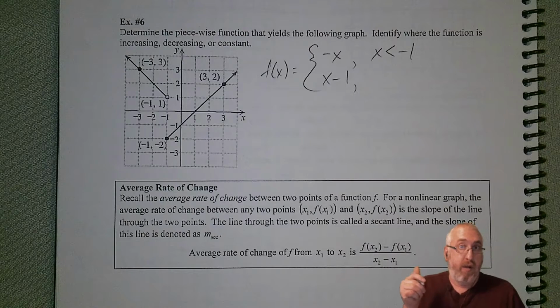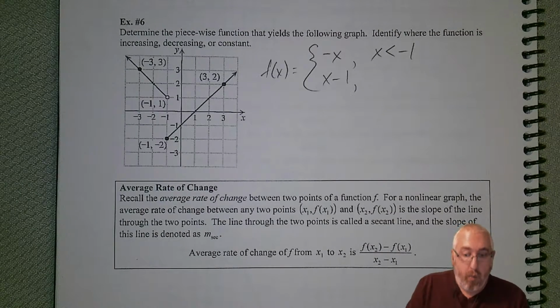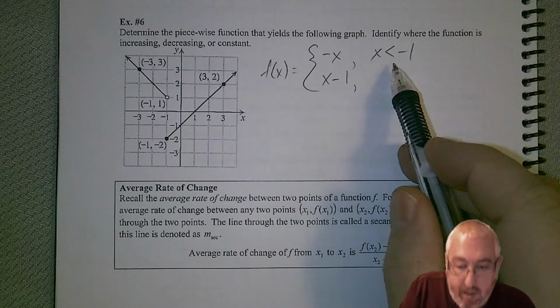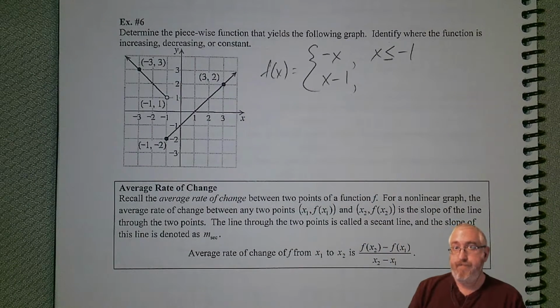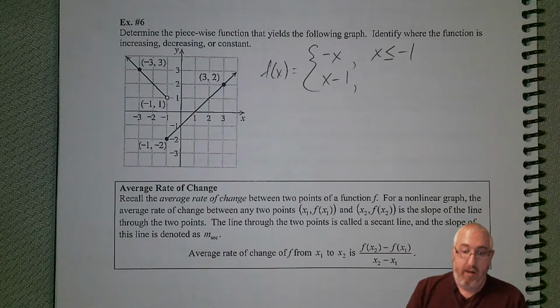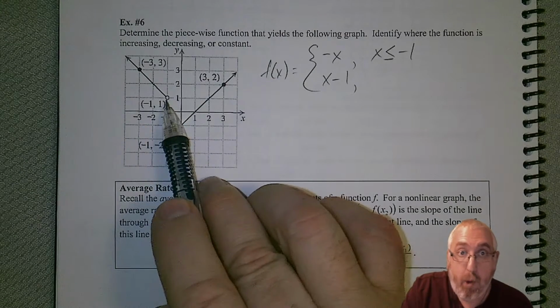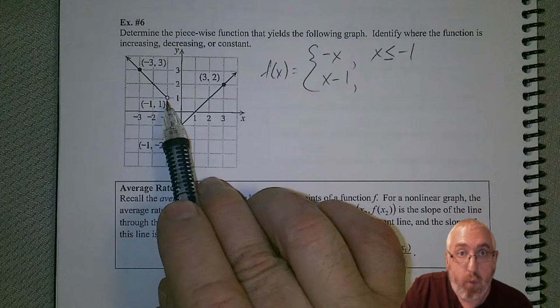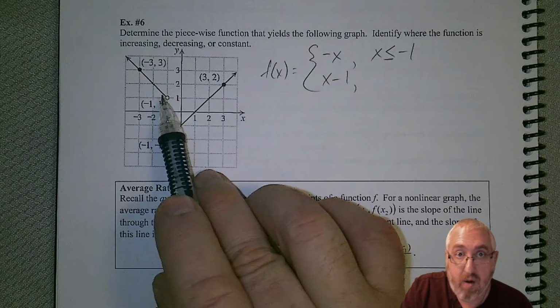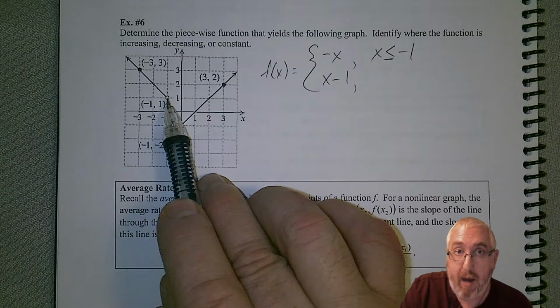Now, here's another important question. Do we want it strictly less than, or do we want it less than or equal to? And that goes back to looking at the graph. We have an open dot here, which means that -1 doesn't behave like this function at that spot.